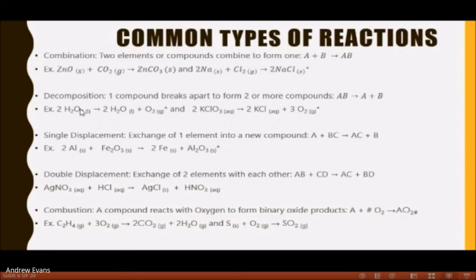In this case, oxygen goes from 1 minus to 2 minus and 1 minus to 0. Oxygen is changing oxidation states. Potassium chlorate, chlorine is 7 plus, and it goes to 1 minus. Oxygen is 2 minus, and it goes to 0. And in this one, aluminum is 0, and it goes to 3 plus. Iron is 3 plus, and it goes to 0. And any of these combustion reactions typically are also redox reactions.